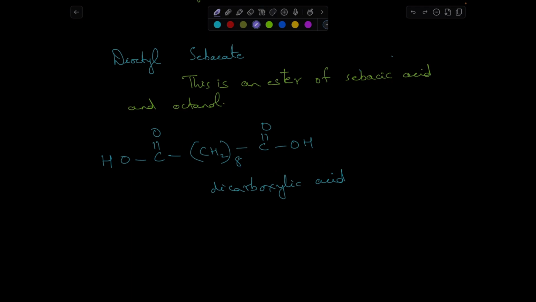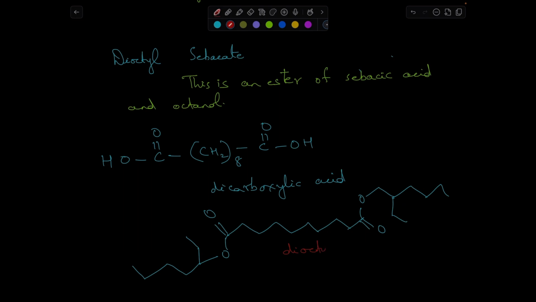So this is the structure of dioctyl sebacate that is given to us. Here, this is the dicarboxylic acid. This is the sebacic acid portion, and here we see the two carboxylic groups.